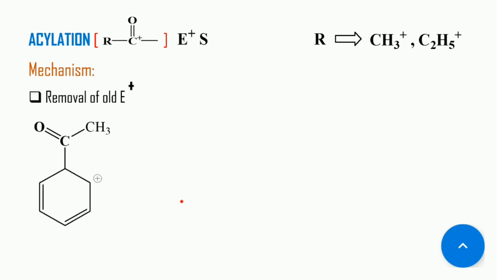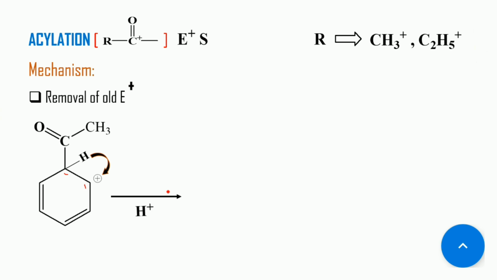Now in this position, the carbon atom has one hydrogen atom which will leave the ring by donating its electrons to this carbon and satisfy its electron deficiency, and finally it leaves as a nucleophile.